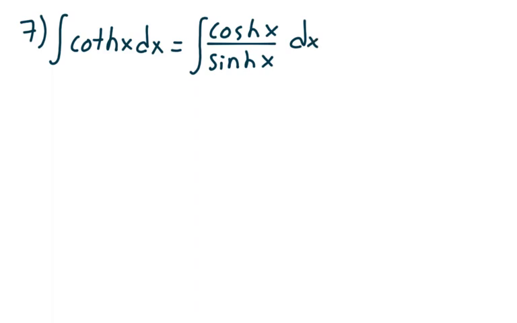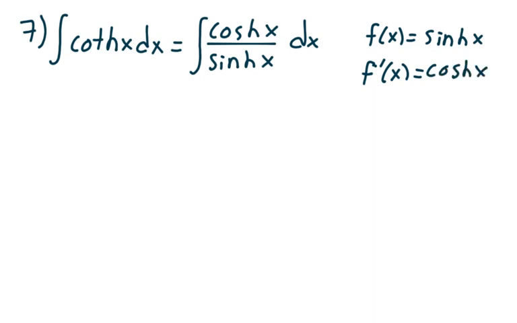And notice here, in this case, my function is hyperbolic sine of x. But if I take the derivative, I get hyperbolic cosine of x. And so it fits really nicely. So this is natural log of the absolute value of the hyperbolic sine of x plus c.